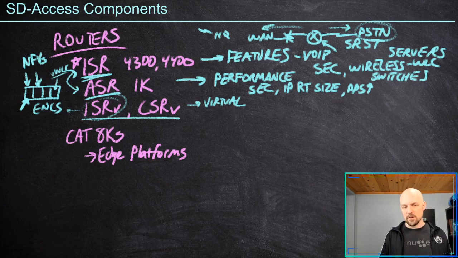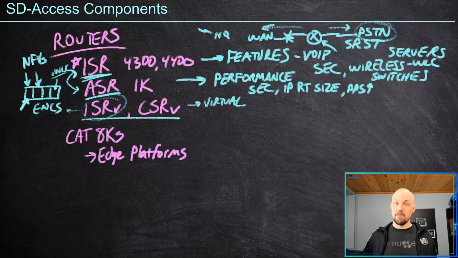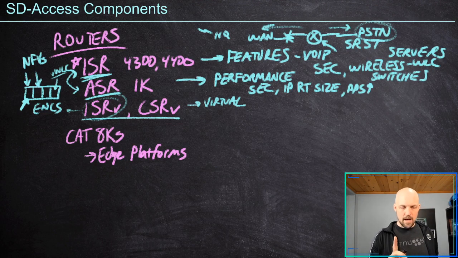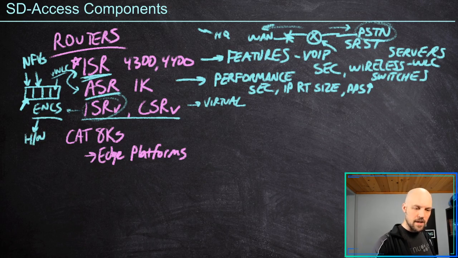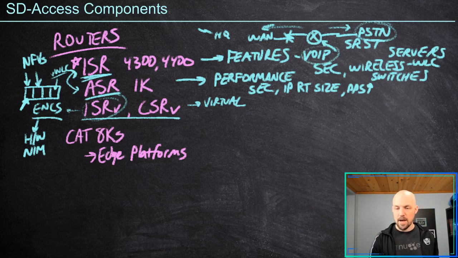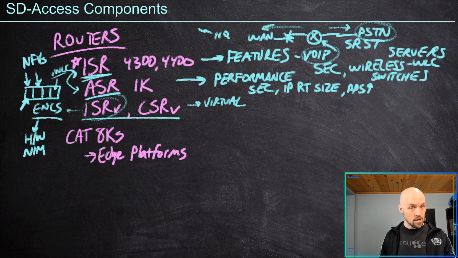They're basically designed to go out to remote sites instead of a router because they're really extraordinarily flexible. The other cool thing about the ENCS is that we can deploy hardware components. So this actually comes with, in some cases, a network interface module. So this voice over IP concept that we talked about, I might need to slide a voice over IP module into my router in order to enable it.